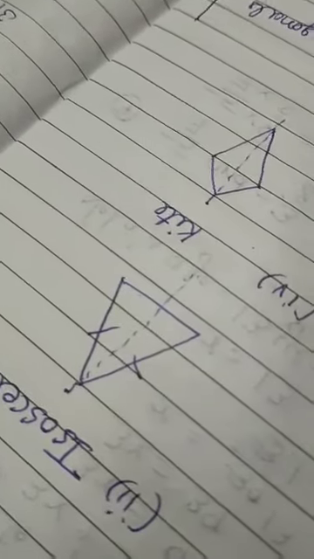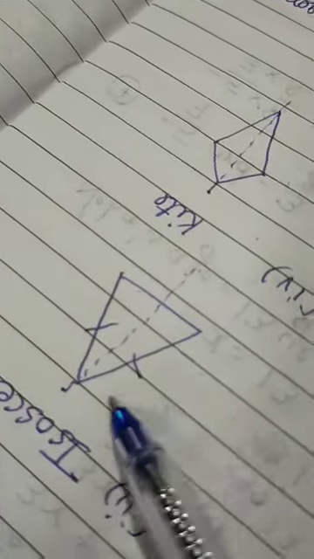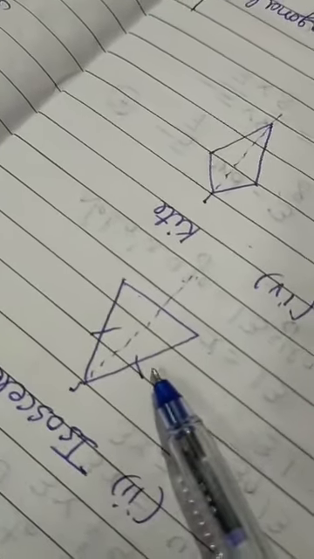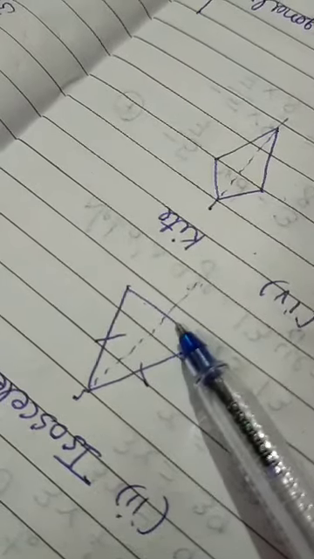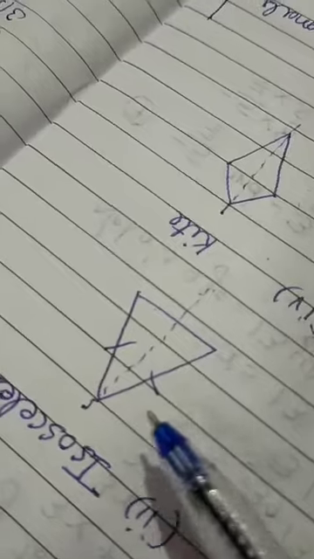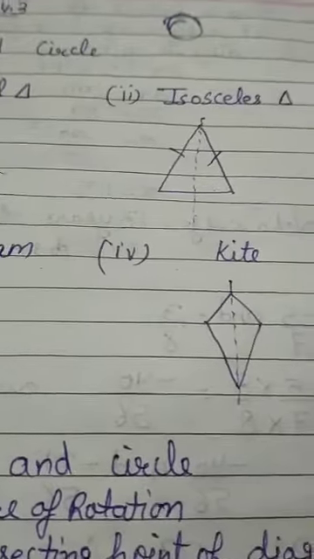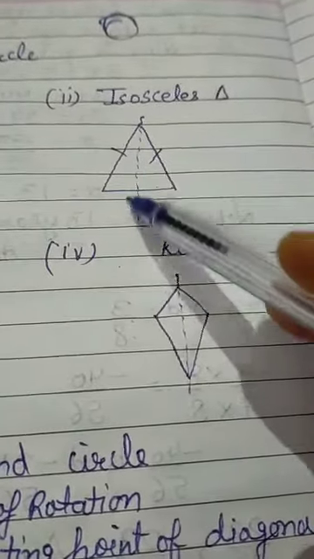When we rotate it like this, in the base a big line is coming here. Okay? Its length is more than this length, because it is an isosceles triangle. So in an isosceles triangle there is no rotational symmetry, only one line of symmetry will come.